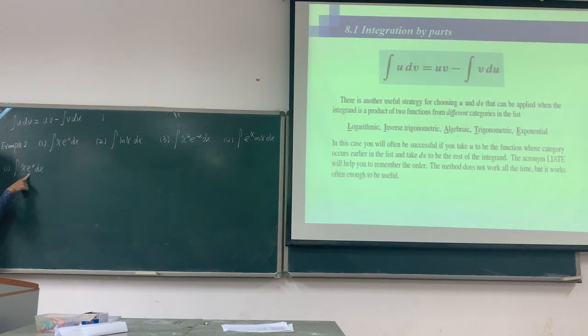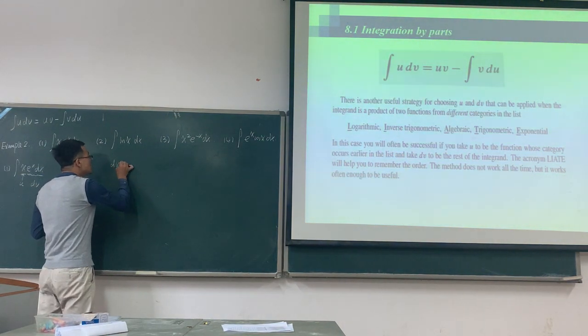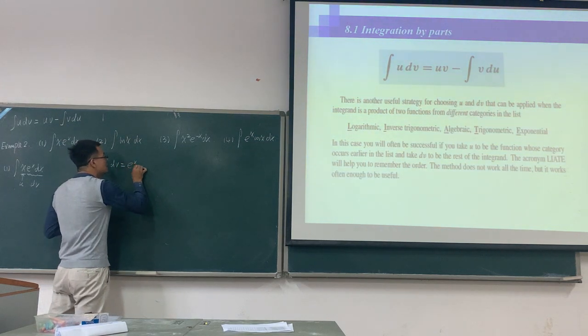So we choose u equal to x. This part we can write in the form dv, so dv equals e to the x dx.